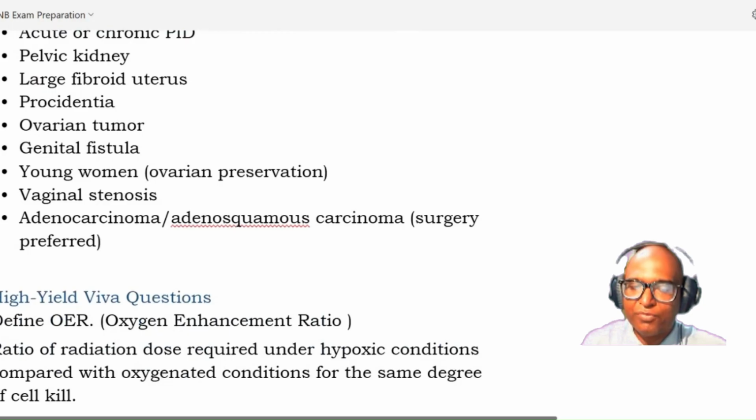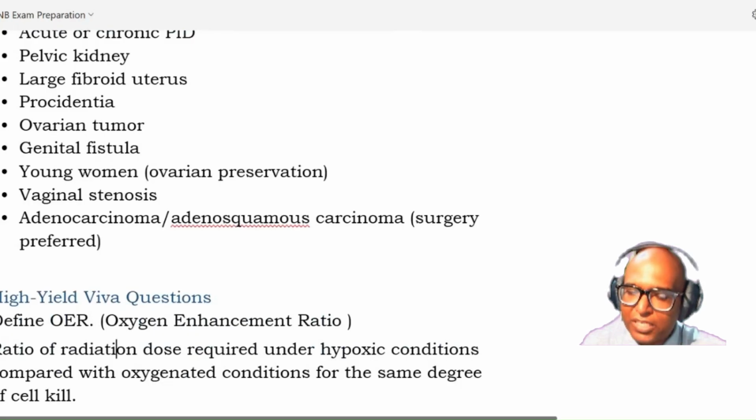So from viva point of view, certain things which you should remember: OER, that is oxygen enhancement ratio. So what is oxygen enhancement ratio? It is the ratio of radiation dose required under hypoxic condition compared with oxygenated conditions for the same degree of cell kill.